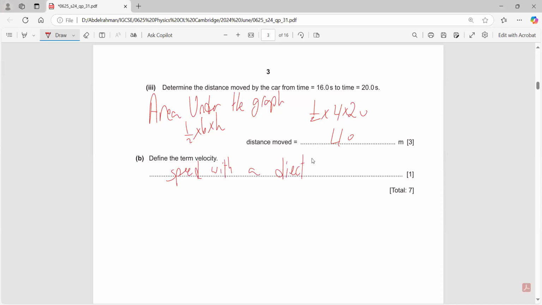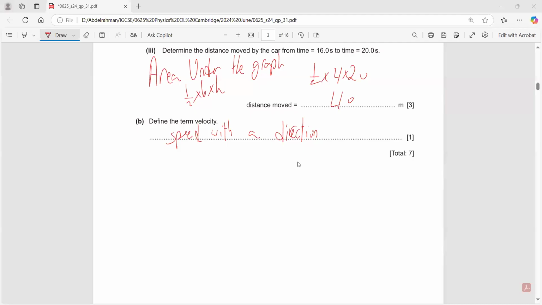It's not the rate of change of acceleration, that's wrong. Someone might give a more complicated answer, that it's the rate of change of displacement. The very simple answer would be that it's a speed with a certain direction, or in a given direction.